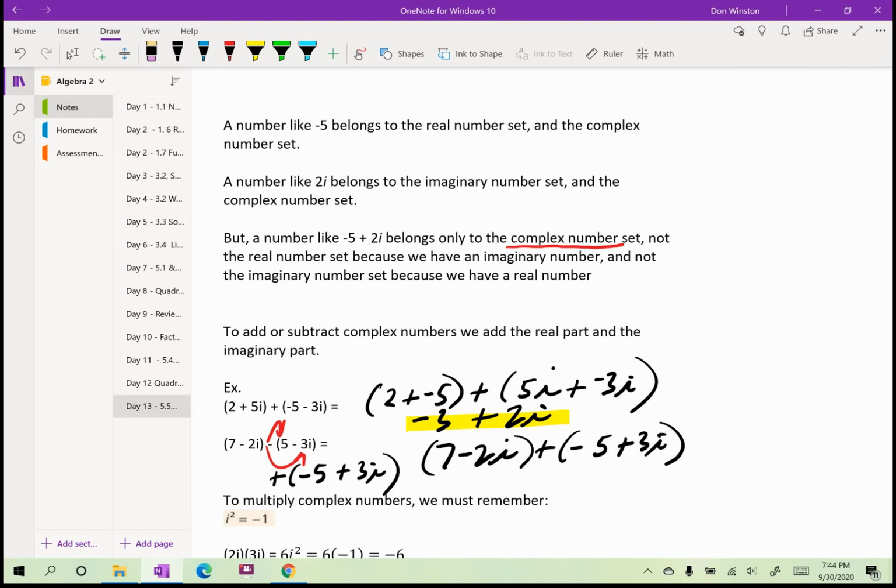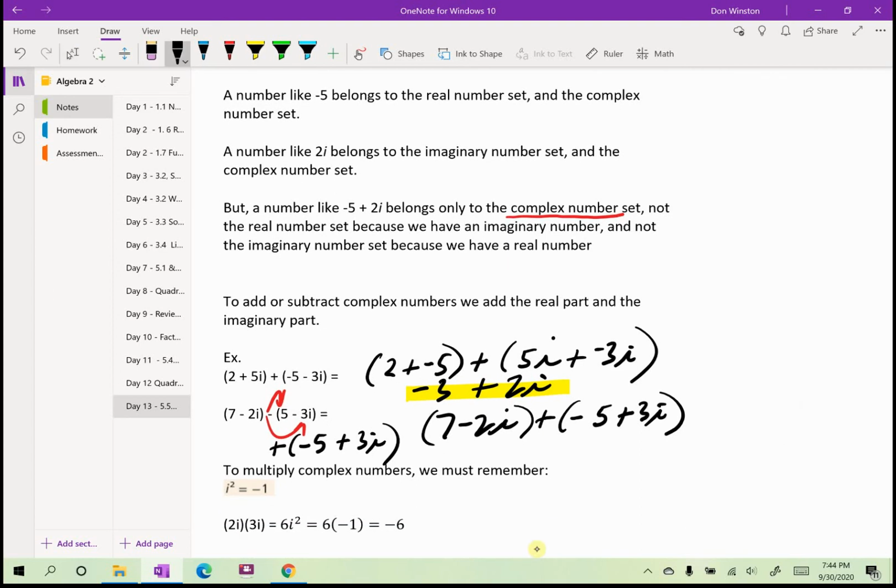And so we'll add the real part and the imaginary part. So we'll have 7 minus 5, or plus negative 5, however you want to look at it. 7 plus negative 5, and then plus negative 2i plus 3i. So that will equal 2 plus i. 7 minus 5 is 2.